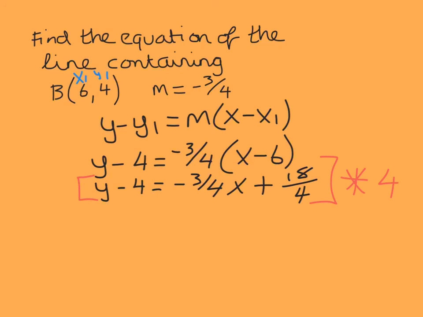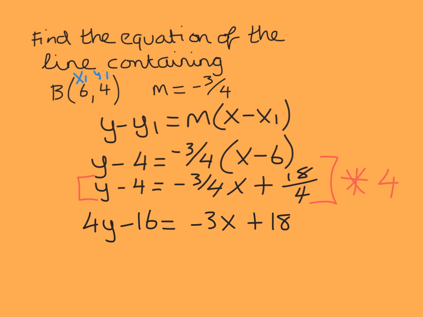So when I do that, I get 4y minus 16 equals, when I multiply minus 3/4 by 4, I get minus 3x. And then when I multiply 18 over 4 by 4, I get plus 18. Okay, I'm just going to write it as ax plus by plus c equals 0 for now.